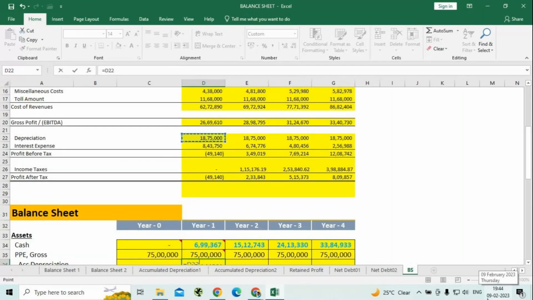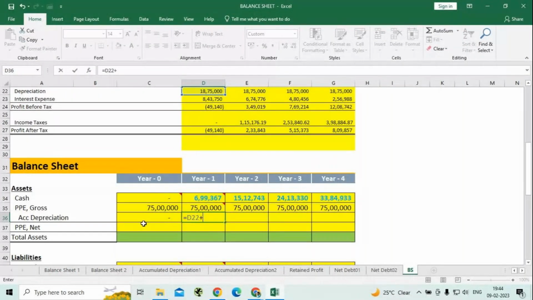So 18 lakh 75,000 plus the previous year's accumulated depreciation value from balance sheet. So first we have to take it from the income statement, the current year's depreciation value from income statement plus the previous year accumulated depreciation value from the balance sheet. Okay.